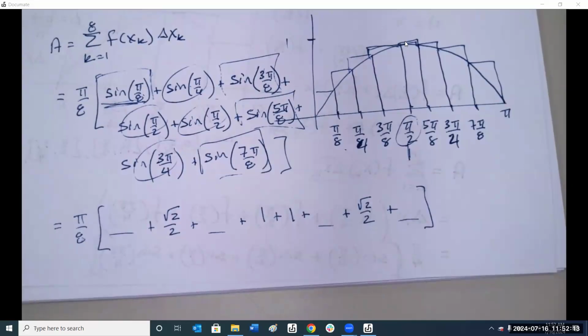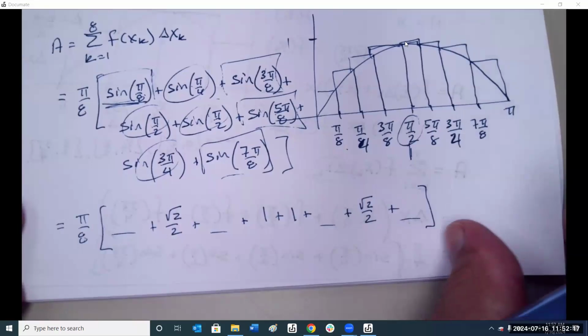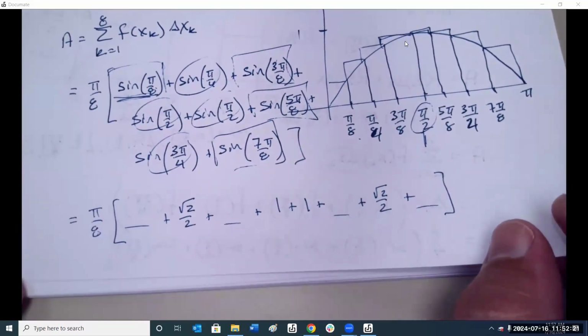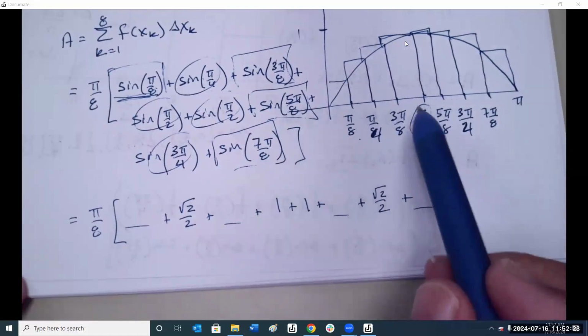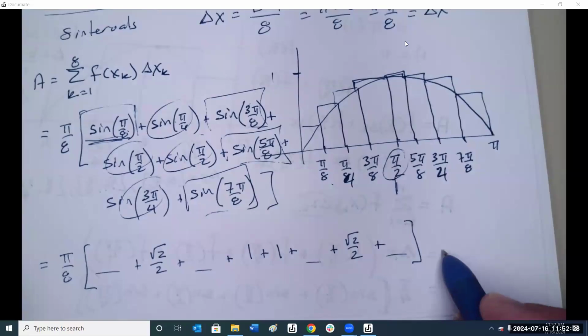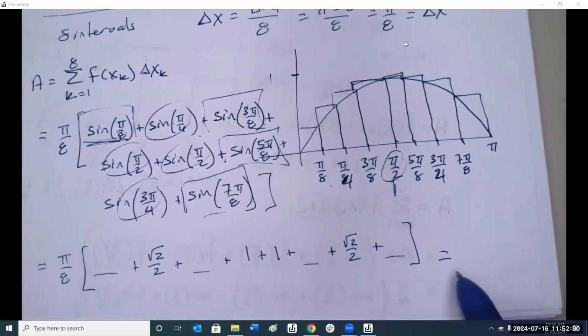And you'll see that our value gets closer and closer and closer to pi, or to our true area. So how can we get to exactly the right size? Because if we calculate this, the number is going to get closer. So how can we get even closer to the actual area?